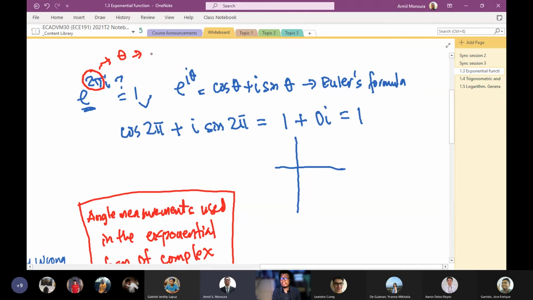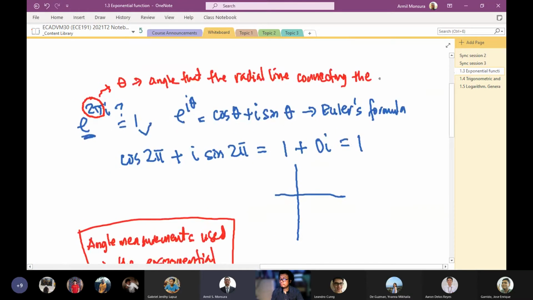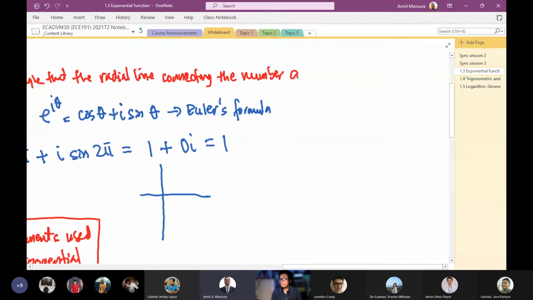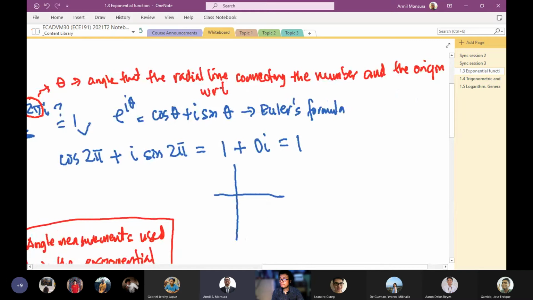So this is still the angle that the number, or the radial line connecting the number and the origin, makes with respect to the positive x-axis.